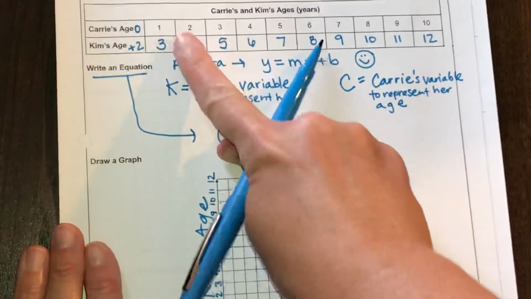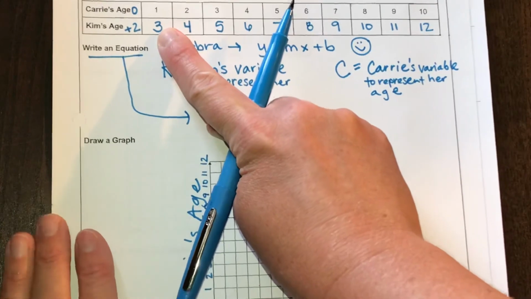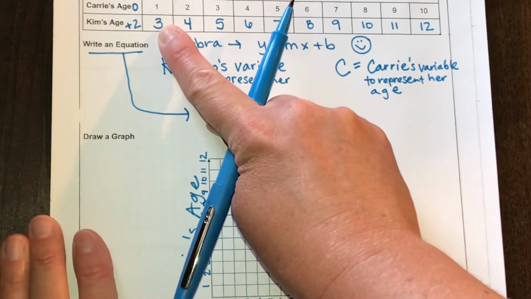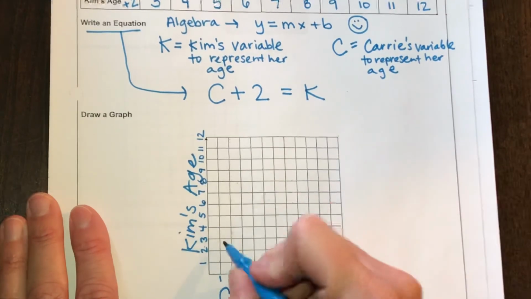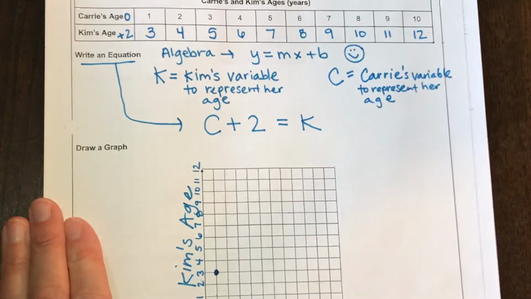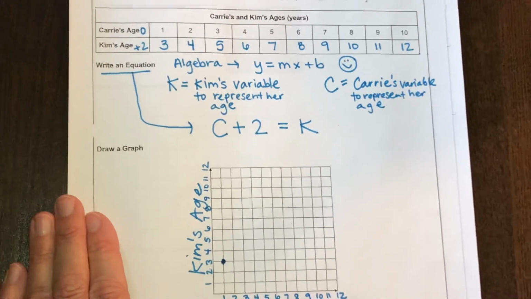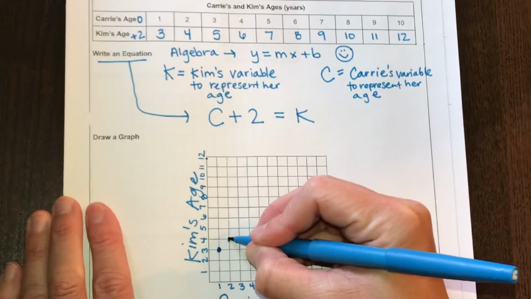Now, when Carrie was 1, Kim was 3, that's going to be my first ordered pair, my first point. When Carrie was 2, Kim was 4. So I'm going to plot the point 2, 4.